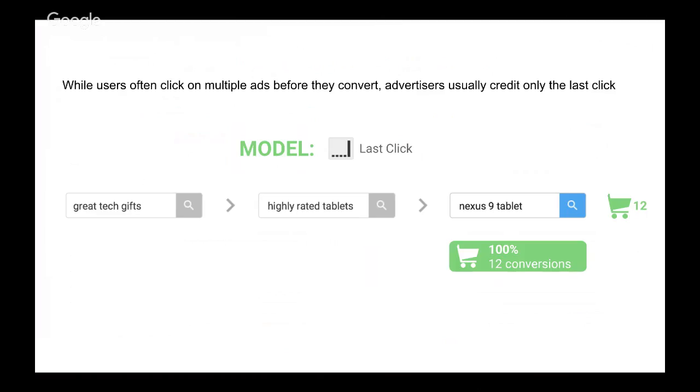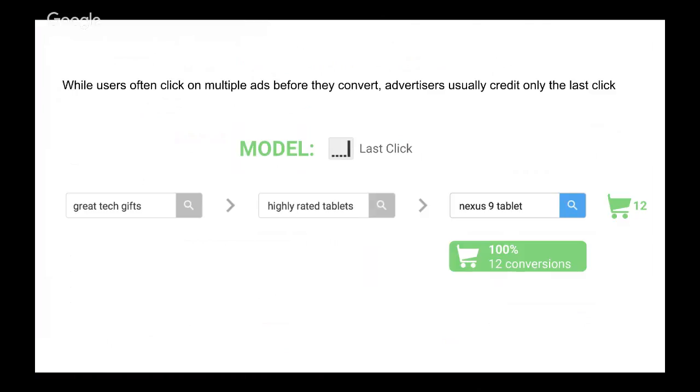So, for example, with last click, you can see that this person tried to buy a Nexus 9 tablet, and before searching for the Nexus 9 tablet, they probably started with a great tech gift and also highly rated tablets. So you can see that as this person reaches the conversion, the search terms become more specific.